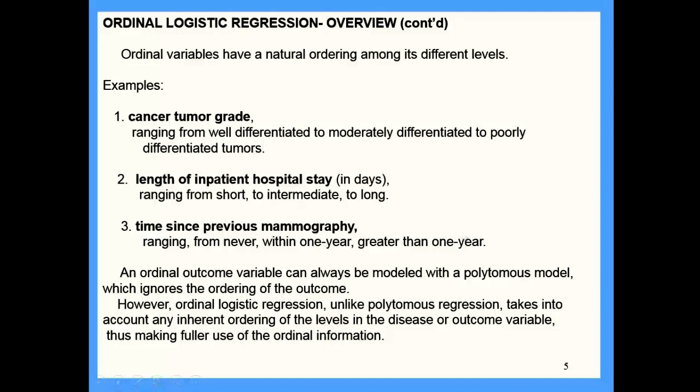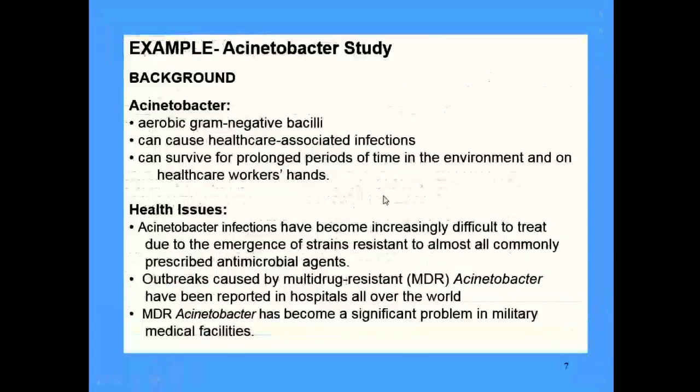So if either one of these things is your outcome, you might want to do ordinal logistic regression, but as I say here, you can always model using polytomous logistic regression, but you're not getting the extra benefits in terms of efficiency and statistical properties that you get when you use ordinal. Something else you don't get, but I won't be talking about that until next time. Now, let's talk about this example.